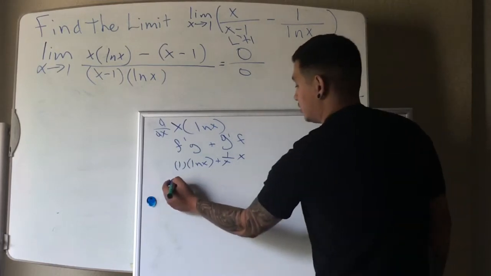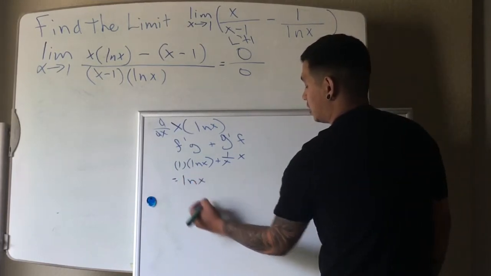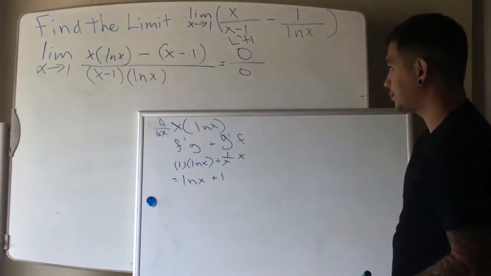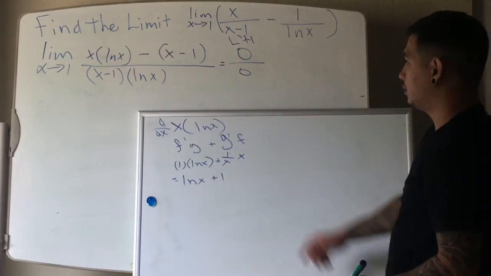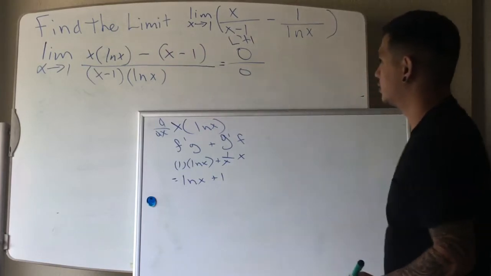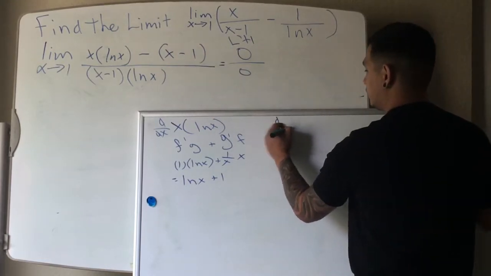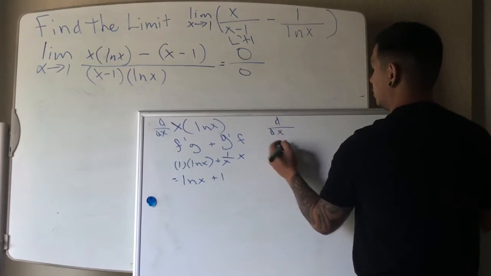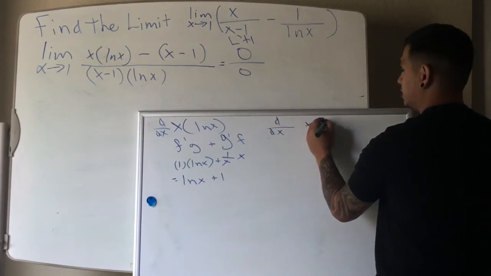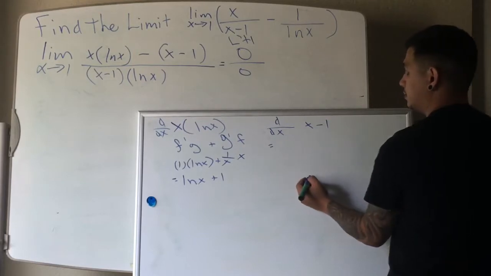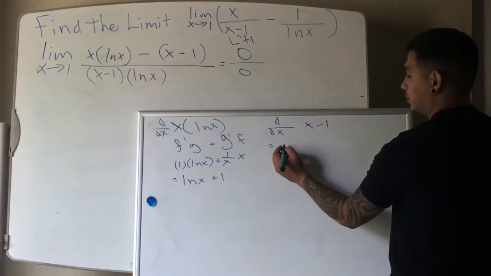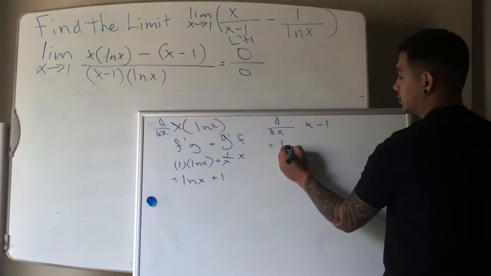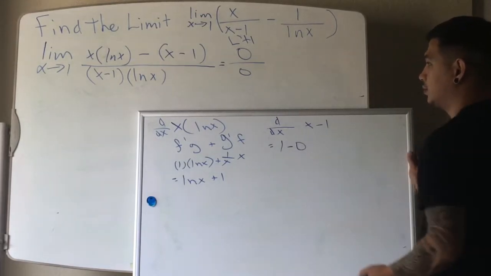And this simplifies to ln x plus 1. Then we're going to take the derivative of x minus 1. The derivative of x is 1. The derivative of a constant is 0. So this just becomes 1.